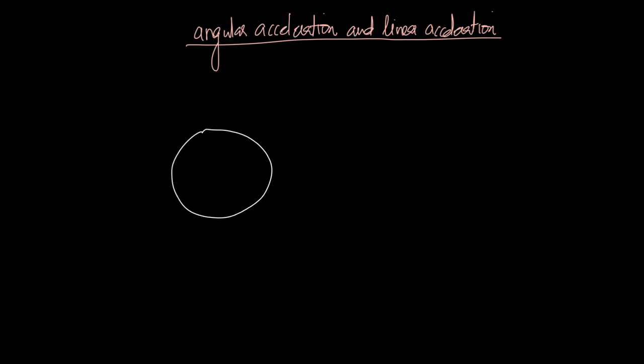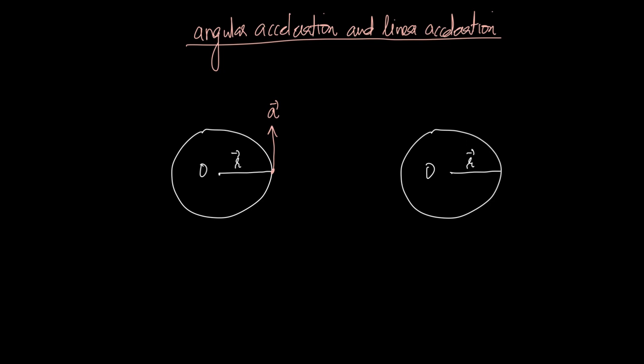Circular motion, center O, position vector R. Now we know that this is the acceleration vector. This will be alpha, right? How here? So alpha here is basically vector R cross A, which is actually a third vector perpendicular to the plane containing R and A.